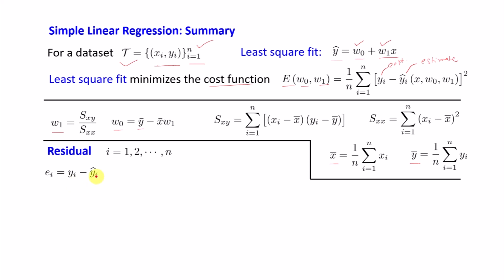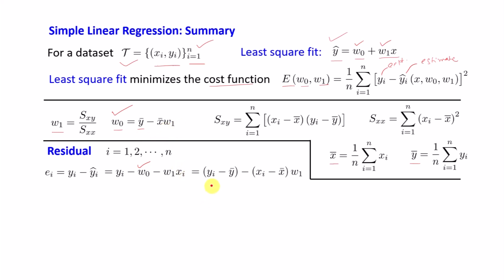To get this, I bring the expression of y hat from here and plug it in, y hat i as w0 plus w1xi, and then I replace this w0 with the expression y bar minus x bar w1.